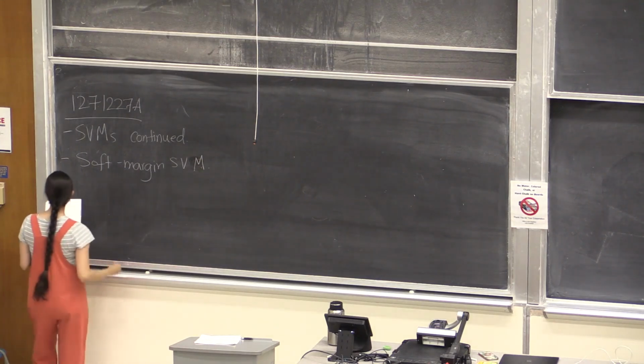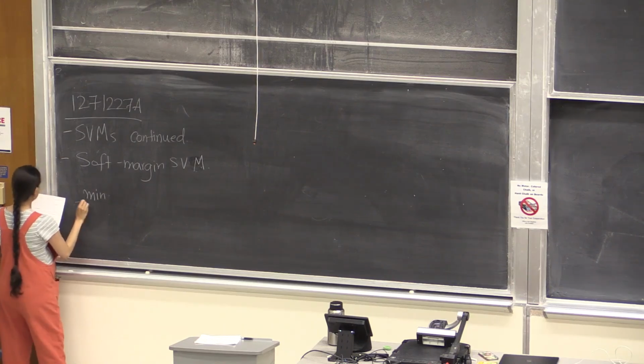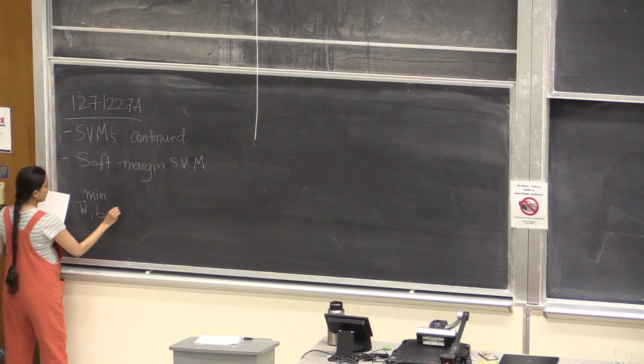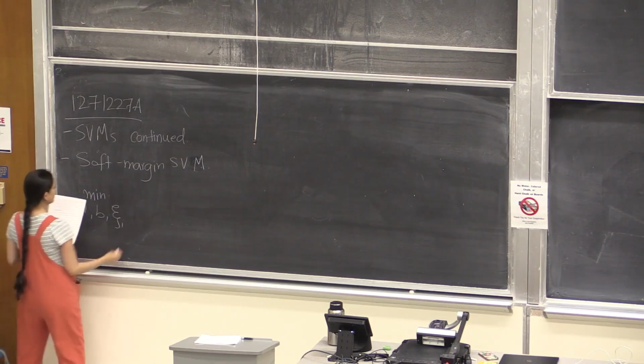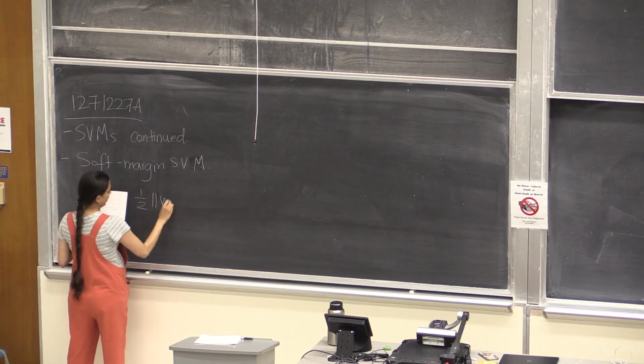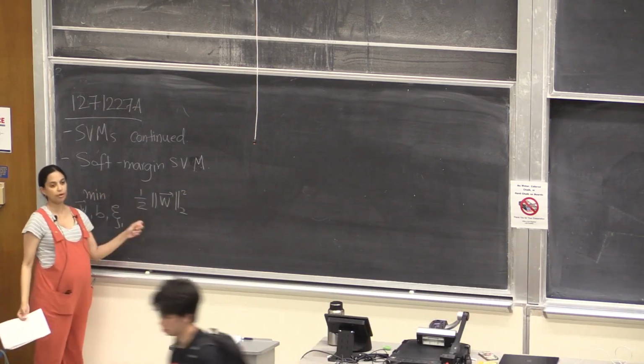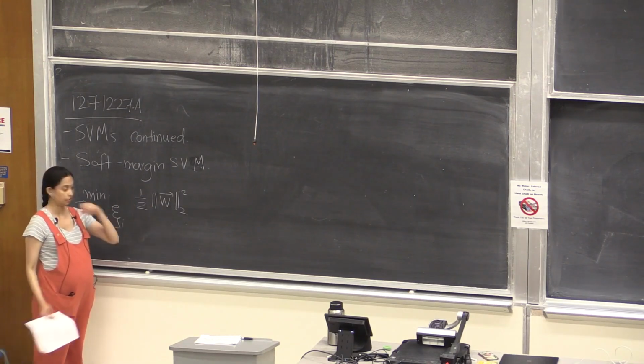And what was the formulation for this? Well, we said we want to minimize over W and B and the psi i's. And we had the same thing as kind of this came from our hard margin SVM formulation.